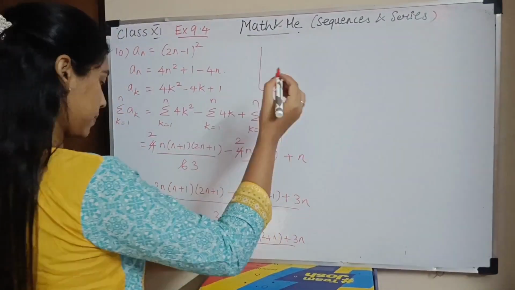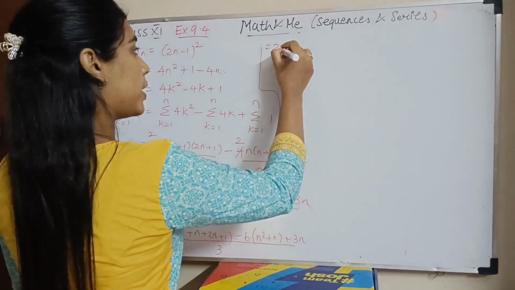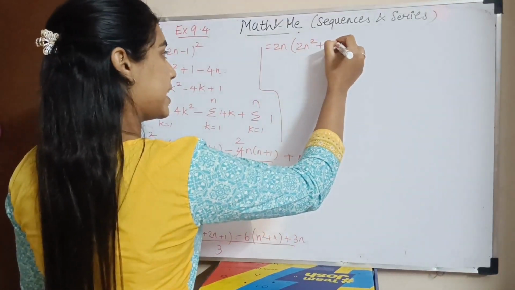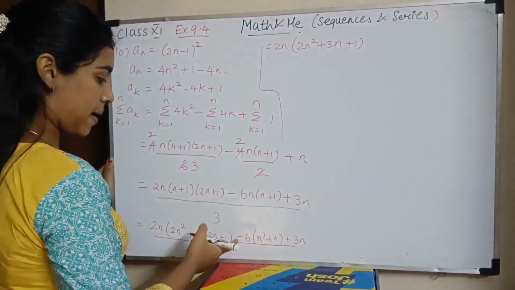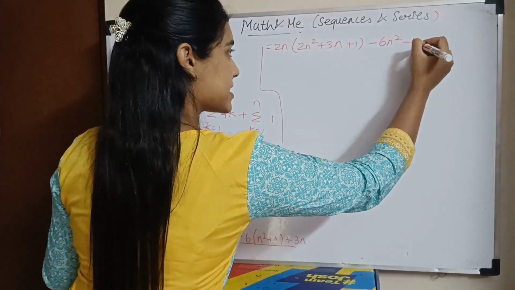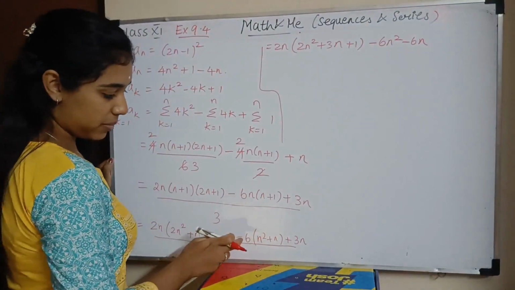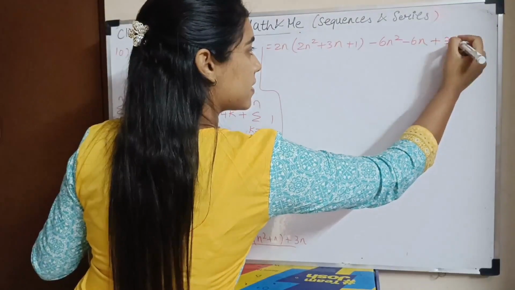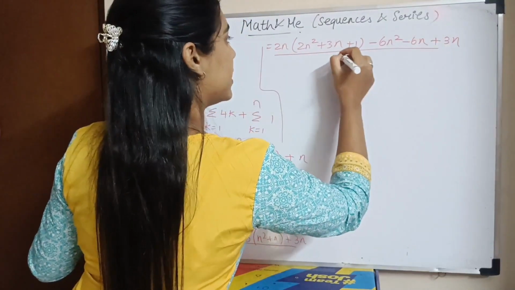So I have 2n of 2n square plus 3n plus 1 minus 6n square minus 6n. You see, minus 6 multiplied, minus 6n square minus 6n plus 3n the whole divided by 3.